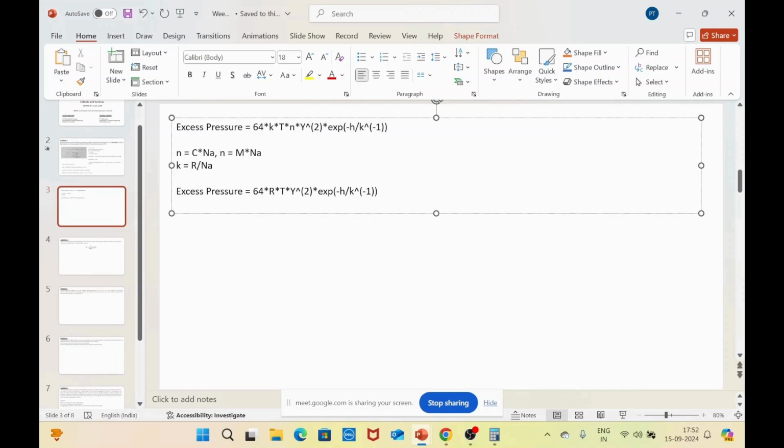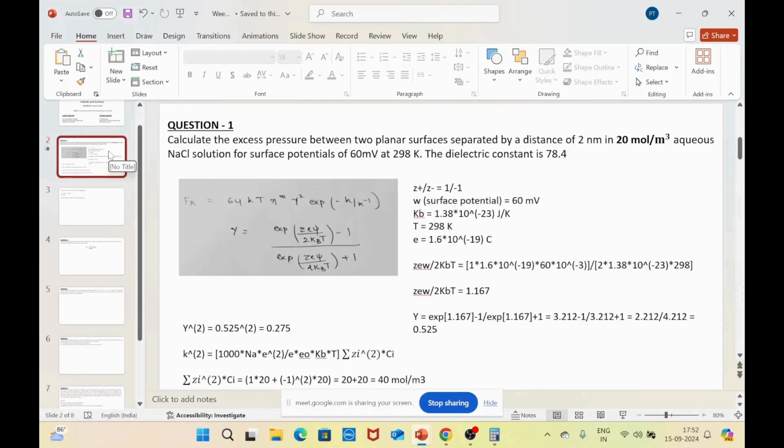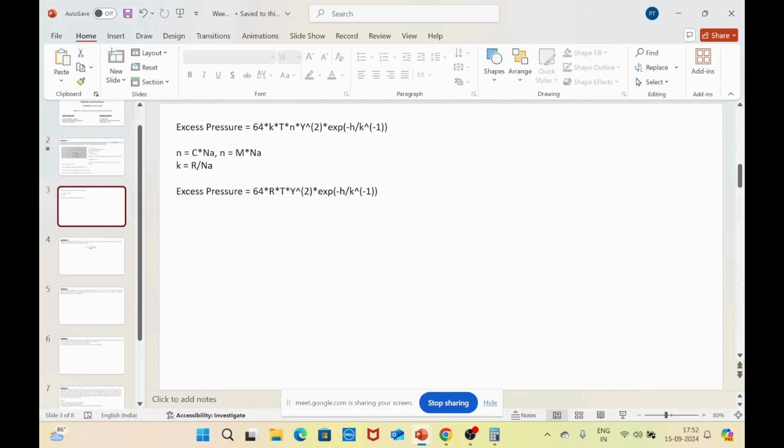Here it is given in terms of mole per meter cube, so you have to convert that, then it will become 1,000 times molarity, or you can write it as C, times Na.